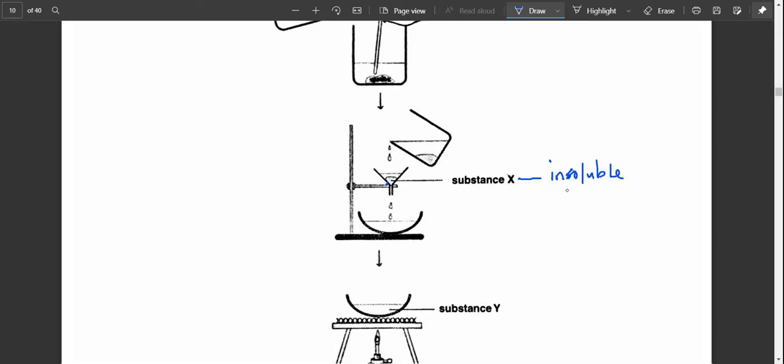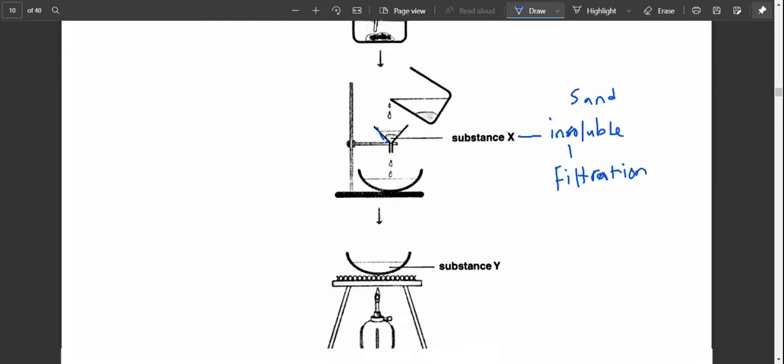So an insoluble substance can only be separated by this method called filtration. So in filtration, you have filter paper and you have a filter funnel, and whatever substance is insoluble, for example sand or any kind of metal, will be trapped there definitely.